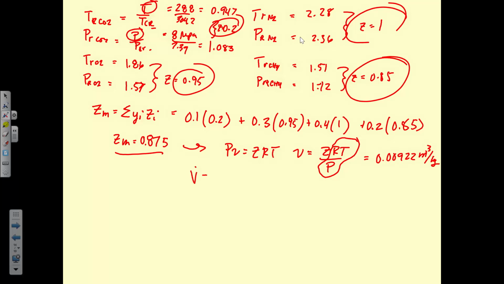Our V dot stays the same because it's only based on velocity and the diameter of the pipe, so 0.001005 meters cubed per second.